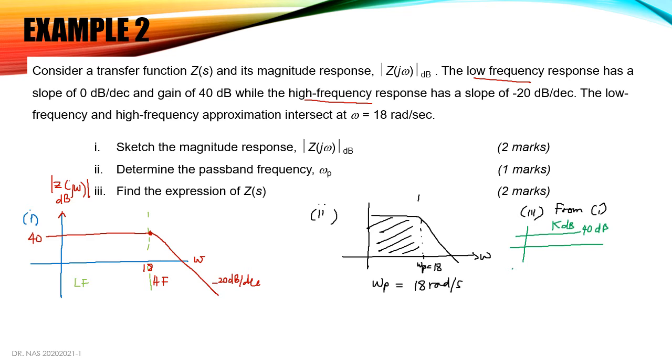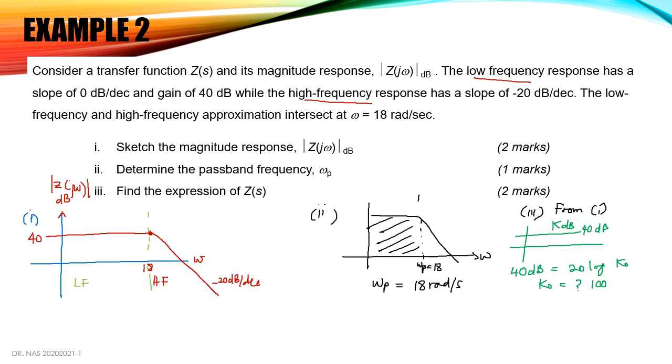So we know that 40 dB equals 20 log of K naught. Therefore, K naught equals 100. Please calculate 40 divided by 20, then the inverse log. You should get 100.